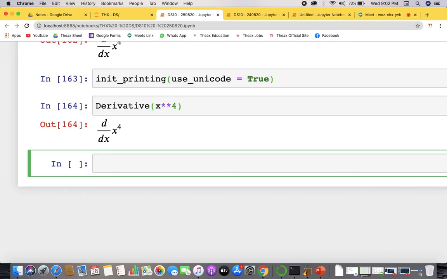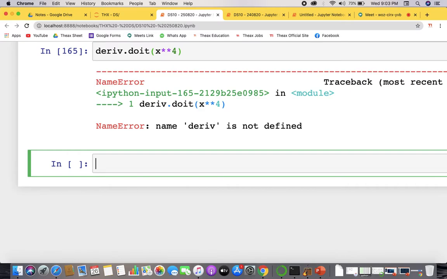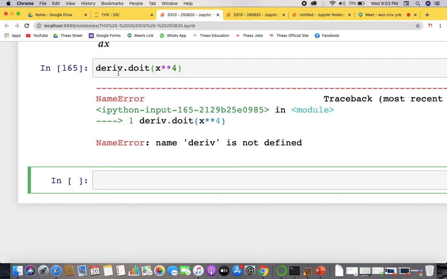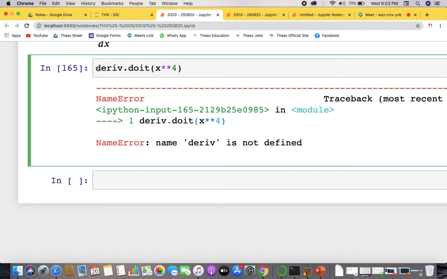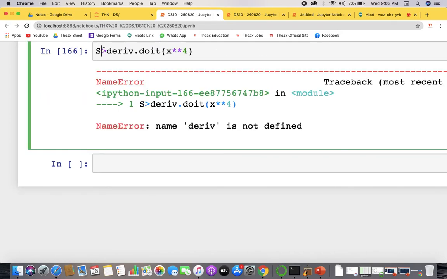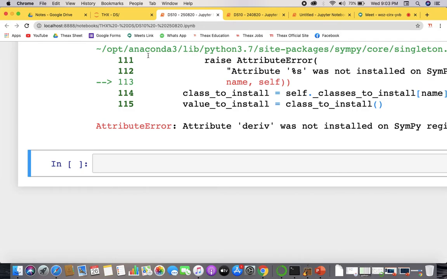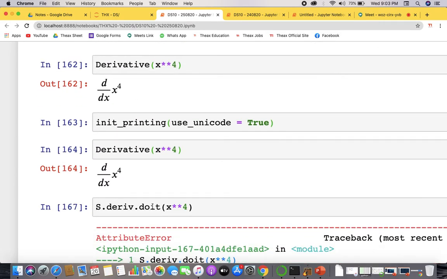Sometimes you will find it displayed differently. I'll show you where you'll get some different methods of the derivatives. A derivative can also be defined like this, x to the power of 4. Derivative is not defined. Okay, it was not installed. No issues.